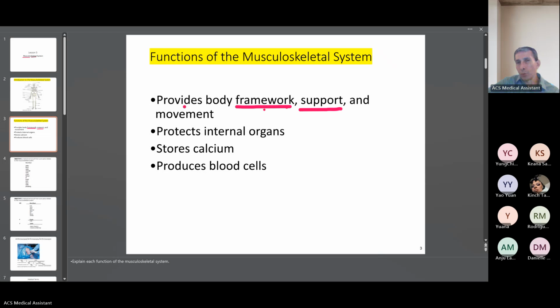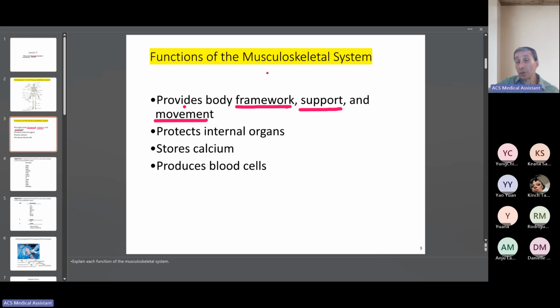Support. Well, the skeletal system supports the muscles, and supports and protects organs that are internal. It helps us with movement. If you didn't have bones, you wouldn't be able to move.